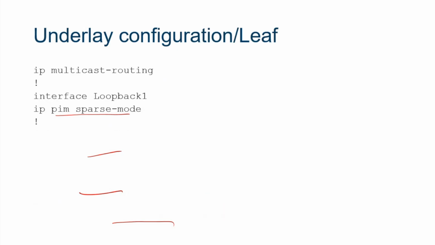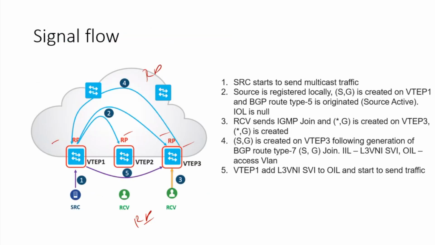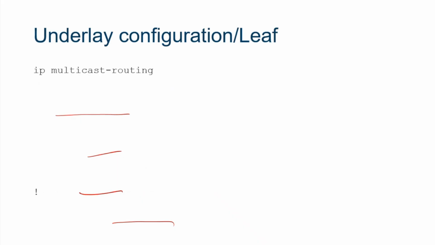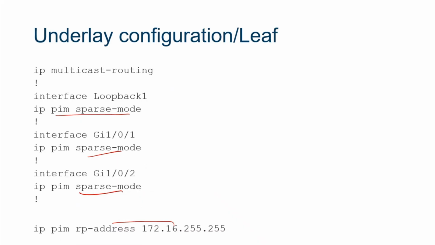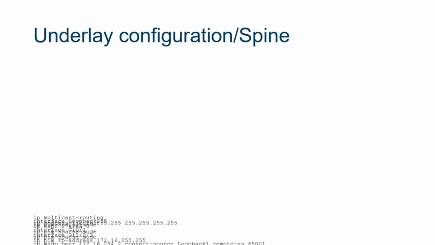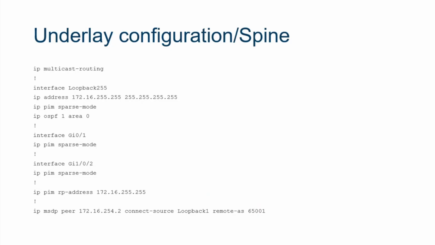So this one is overlay RP that I was showing here. So this is the config. And then for multicast on the spine node, you can have this again underlay only.